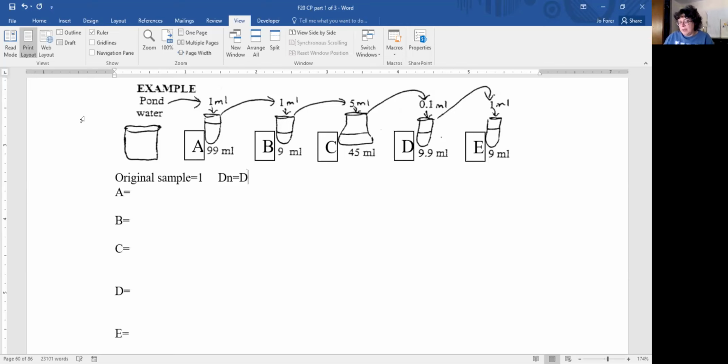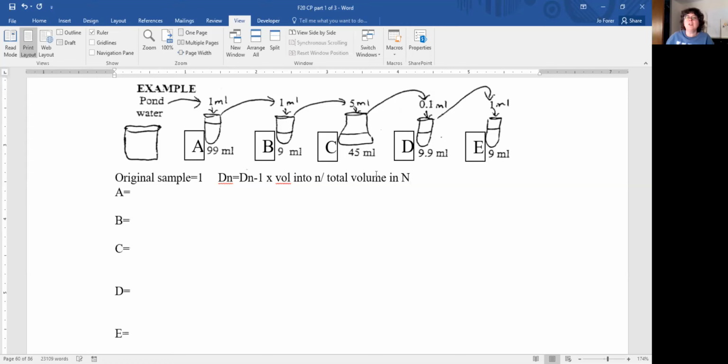That's calculated by taking the dilution of the container right before it, multiplying by the volume that you're putting into container N, and then dividing that by the total volume that you end up with in N.